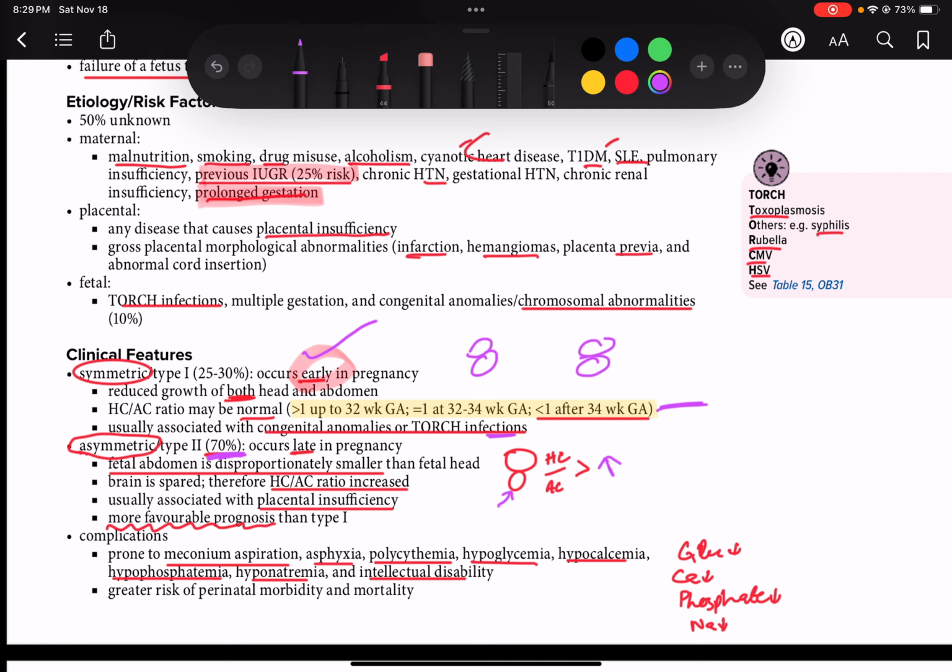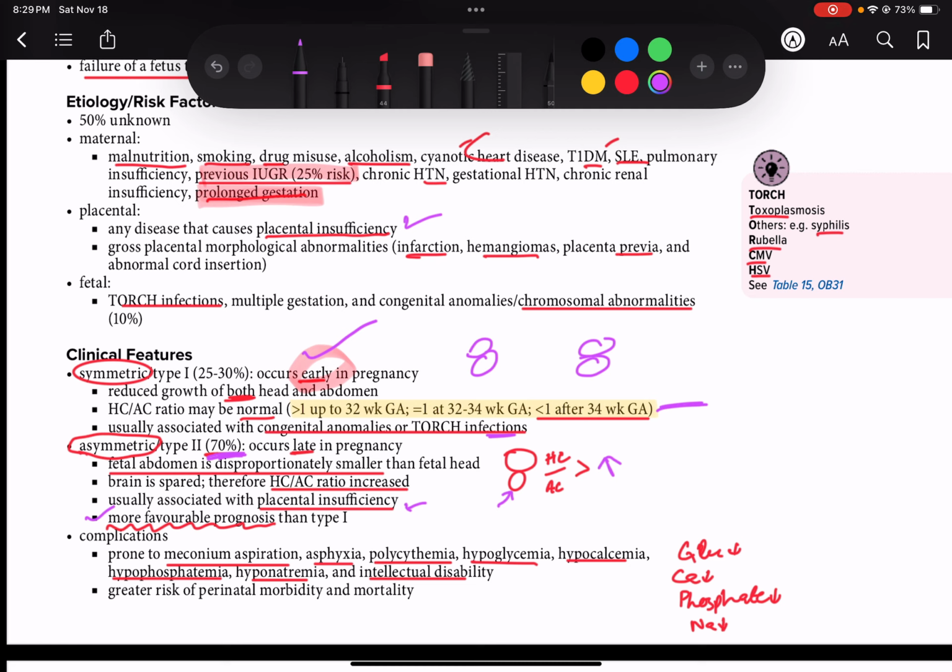It happens later in pregnancy because of placental insufficiency. It might lead to less nutrition and less blood to the baby, so growth is restricted. But asymmetric, as it is more common, has a more favorable prognosis too. Why do you think so?